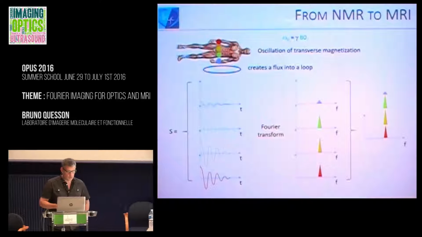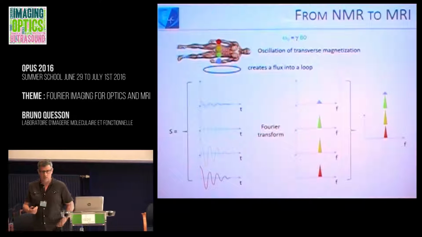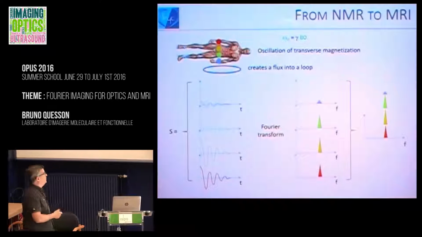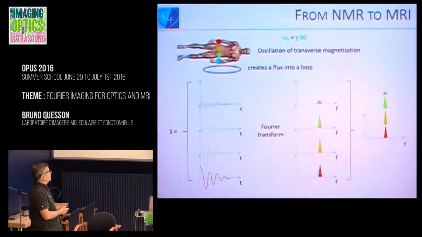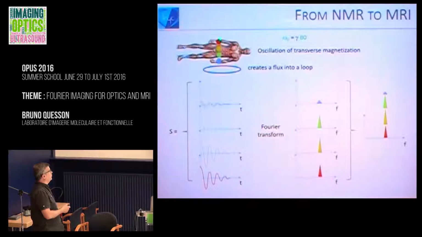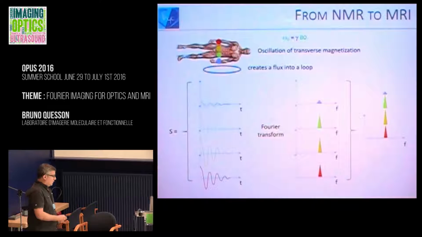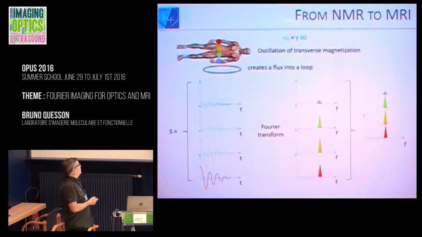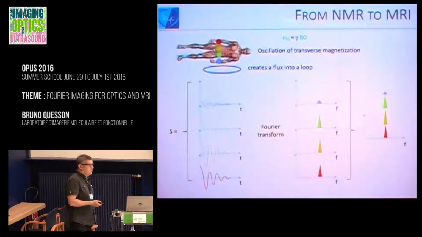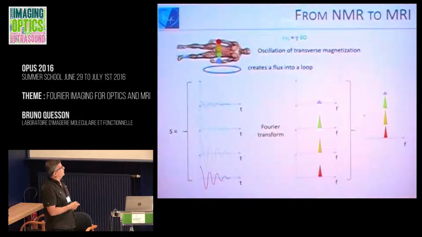But what I want to do is to make an image. Making an image is nothing more than being able to discriminate the signal that comes from, for example, this left arm, from the right arm, and from these different regions within that direction. Well, as I said before, what we are going to do is to disturb the magnetization by putting a small B1, which is perpendicular to B0.